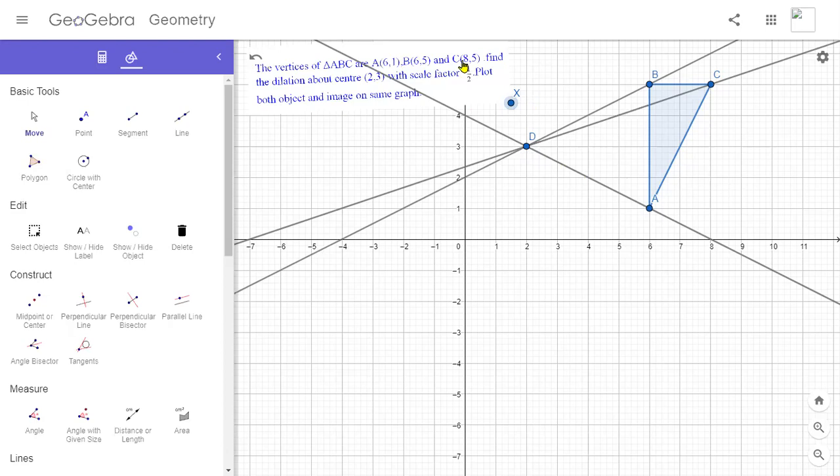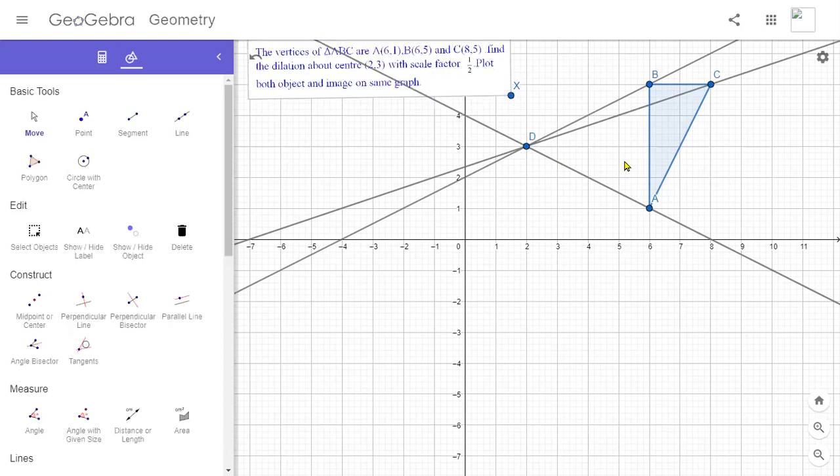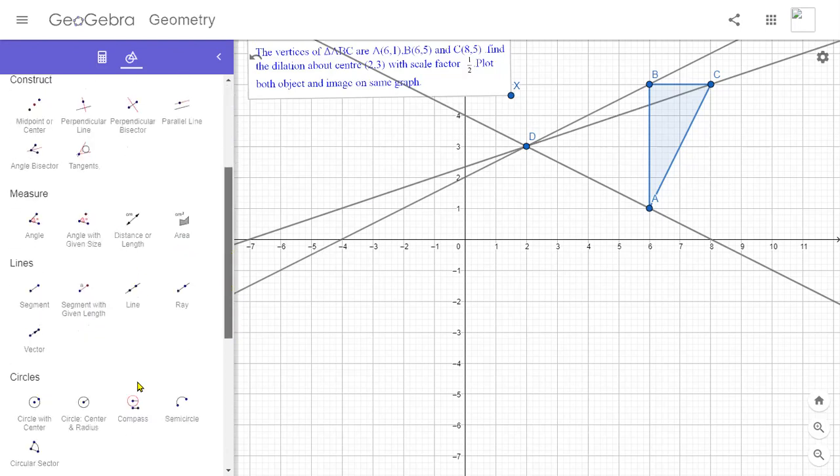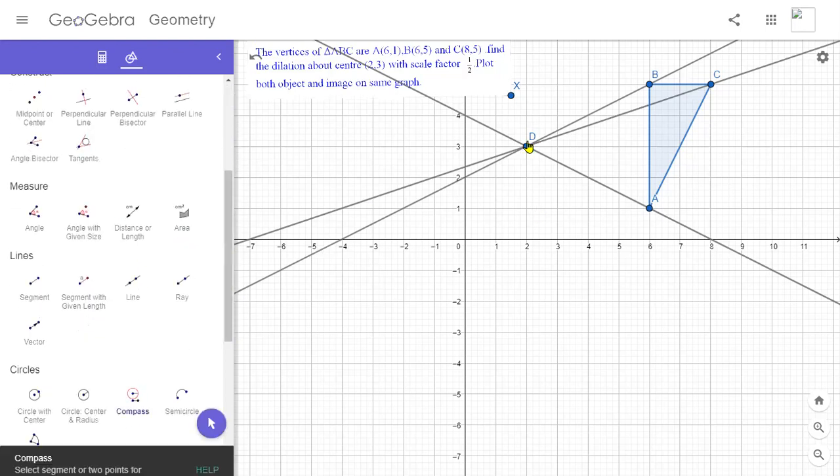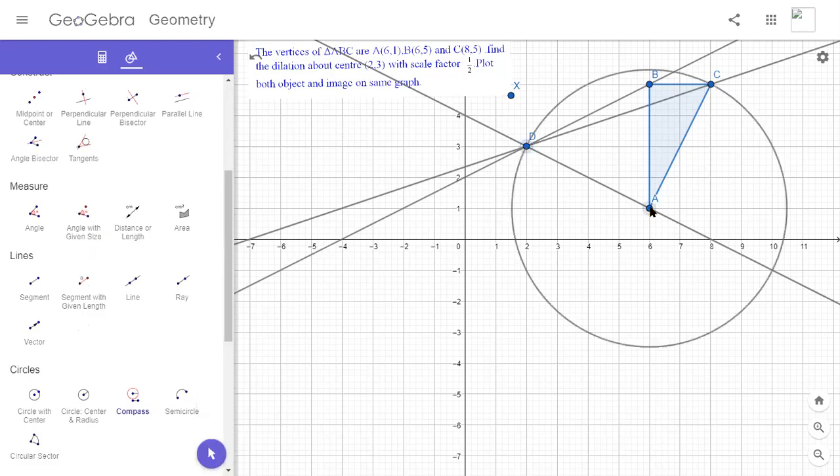Okay, let me resize this question. First of all, let me take the vertex A, and we have to first measure the length of DA. Here this circle has its radius exactly at the line segment DA.